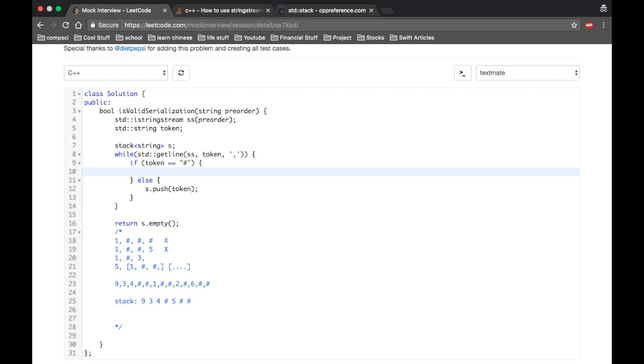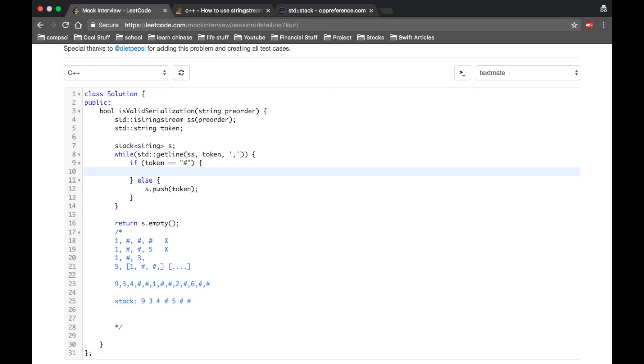So then the problem is how. First of all, there's a lot of edge cases going through my mind. Like, what if it's just 2 hash marks and that's it? What if there is no number at the beginning? How do we catch that? I'm also thinking, how do you chain stuff up?